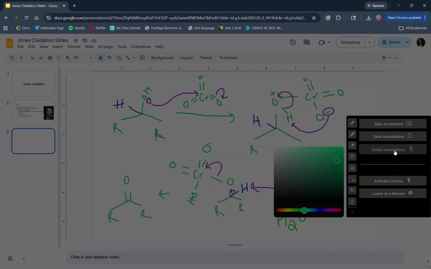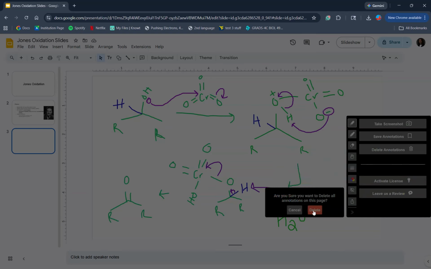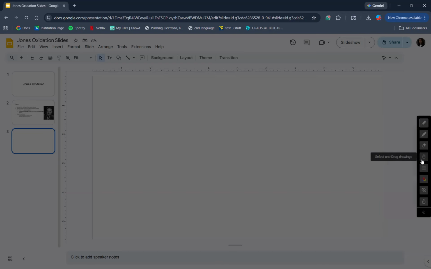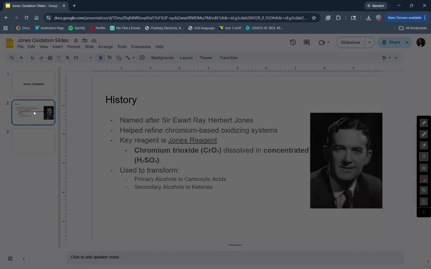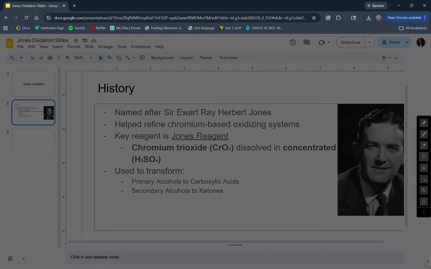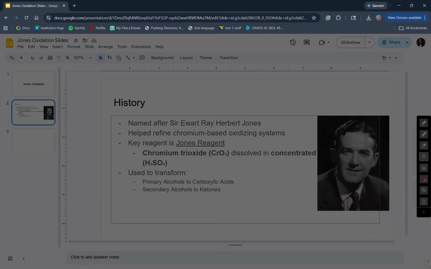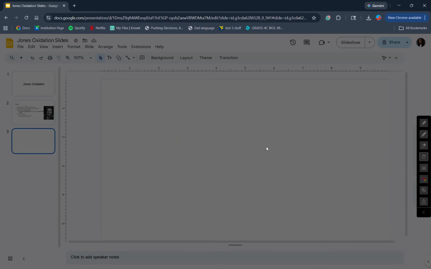Let's go ahead and do some predictive product questions. As I said before, it's used to transform primary alcohols to carboxylic acids and secondary alcohols to ketones. So let's go ahead and use that in some predictive products. Let's say we have this as our first, and we'll go ahead and do another for our second.